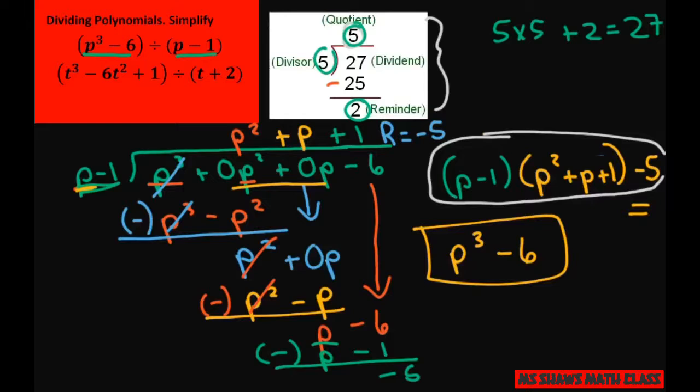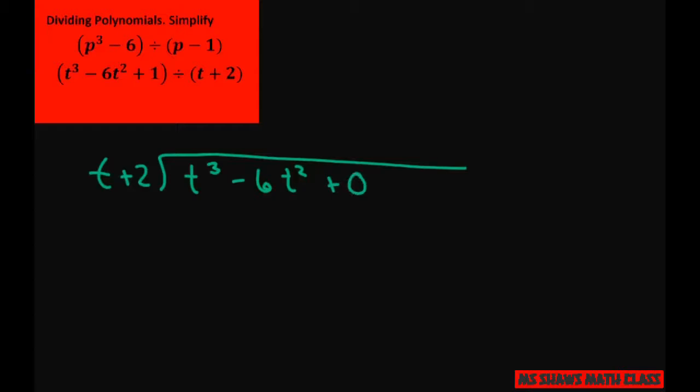Okay. The next one, we do the same thing. For the next one, we're going to take t plus 2 and divide t cubed minus 6t squared. Go ahead and put your placeholder 0t plus 1. That way we can subtract like terms.